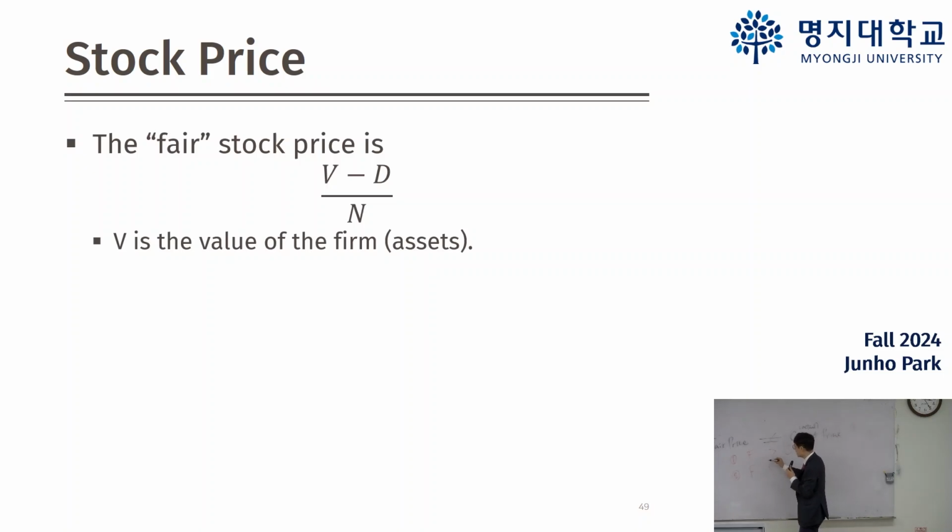So say the fair price is $20 per share, but the actual stock price is currently only $10 per share. Then it means there is something that other investors are missing. For some reasons, investors are not aware of the fair price, so they just make transactions at this level.